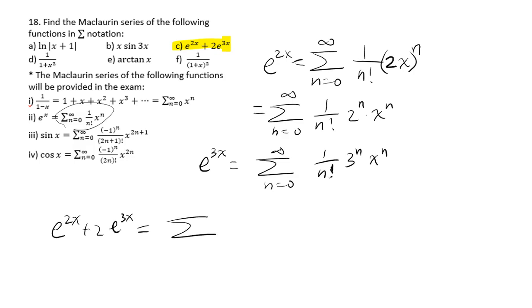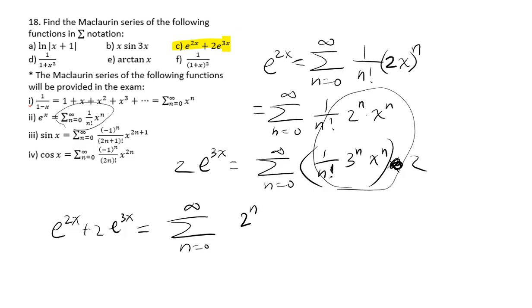That would mean I have sigma n equals 0, and these two are being added, right? With this times 2. Twice of this with this times 2. So you're going to get 2 to the n over n factorial x to the n plus 2 times 3 to the n over n factorial x to the n.